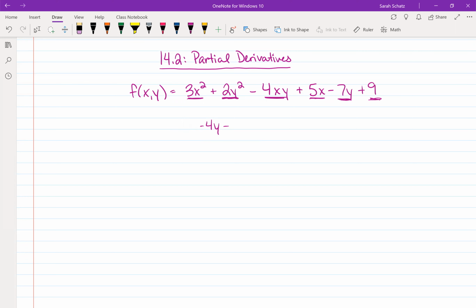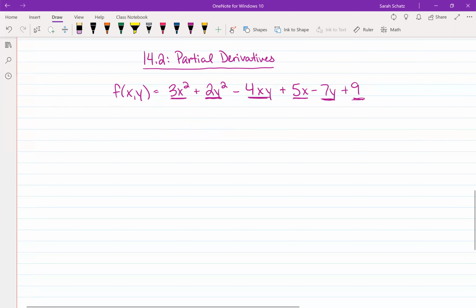Well, you guys, here's the problem. X and Y are both inputs. So when you take a derivative, remember how we always have a with respect to? When we only had X as an input, for example, we found dy dx. And what this says is the derivative of the output with respect to the input.